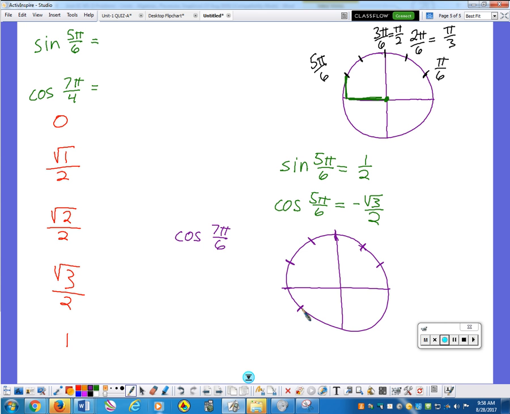Without even drawing anything, if I'm trying to get from here to here, by just going this way and this way, is the back and forth or the up and down going to be longer? Back and forth. So that means this is √3/2, because the cosine's the back and forth. And then did I go positive or negative to get to this spot? Negative.